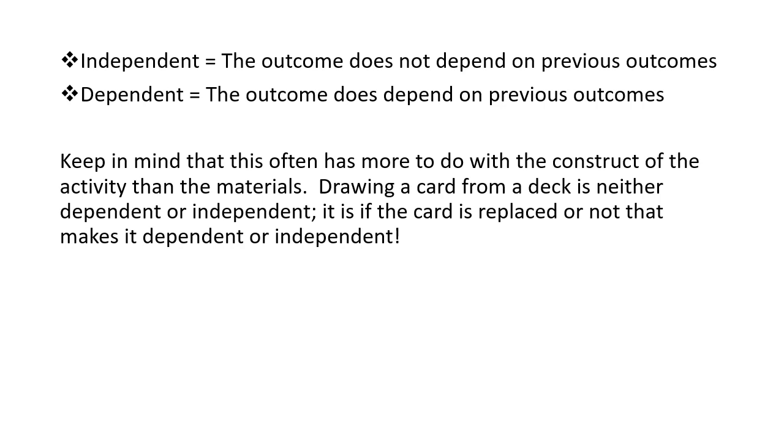So before answering a question about whether or not something is dependent or independent, look at what's happening in the experiment and really ask yourself, after repeated trials, after repeated outcomes, is the probability changing? And if you can see a case where it is changing, then it's probably dependent. If you see that it's not changing over any number of trials, then it's probably independent.